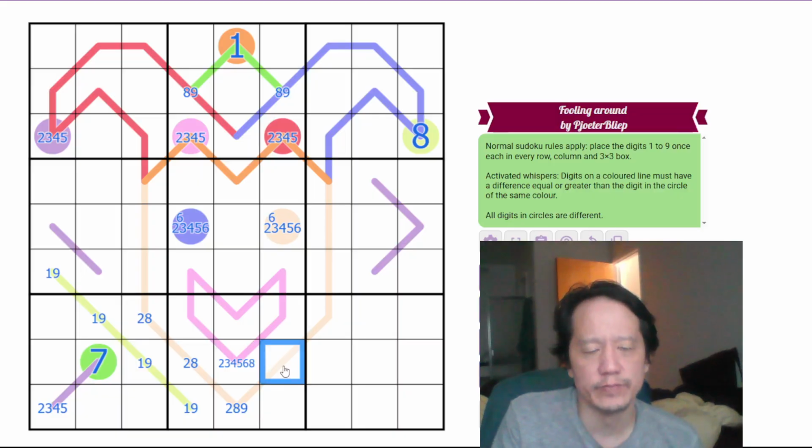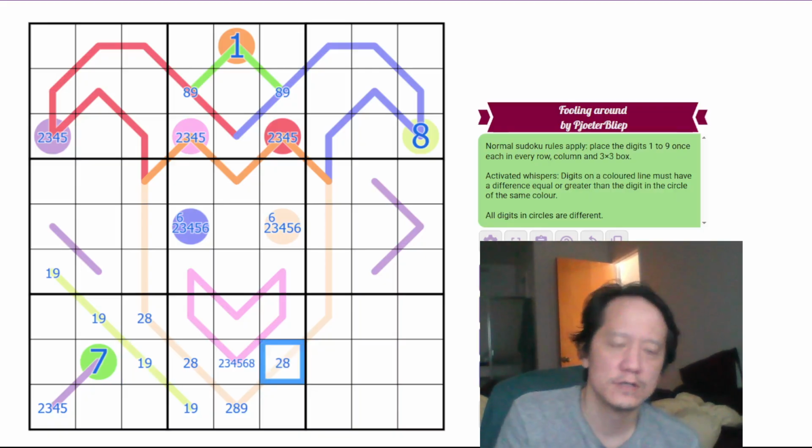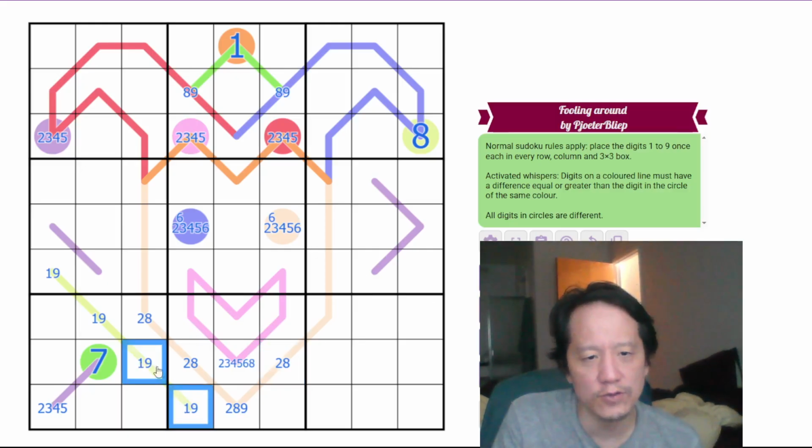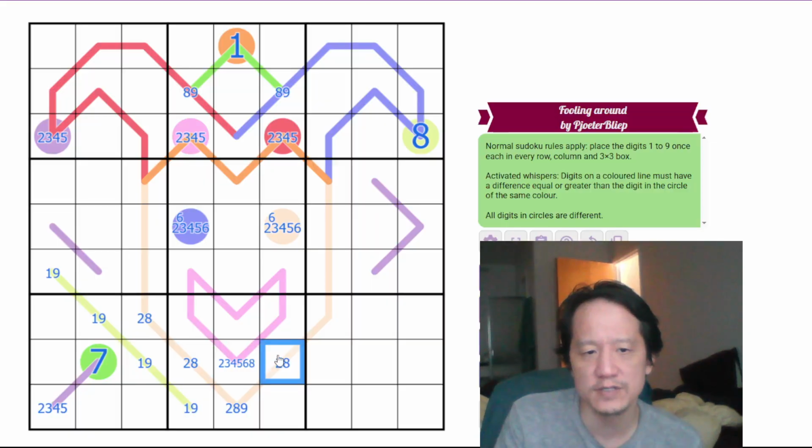This would have to be... It sees both 1, 9s also here. So this would have to be 2 and 8, because it sees both of these 1, 9s, and they're different, because it sees them from being in the same box, same row.